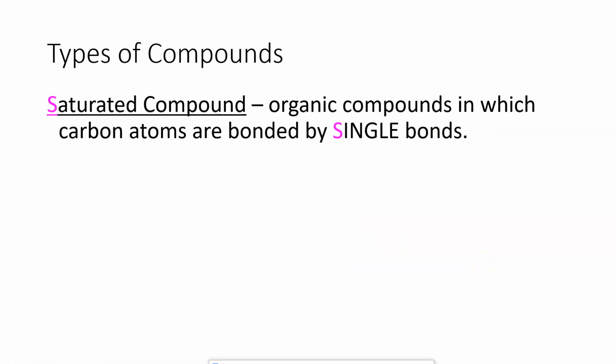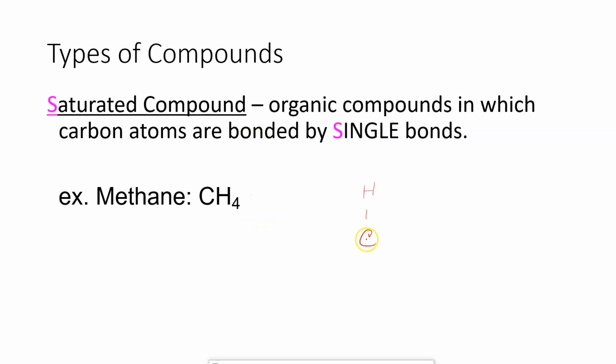Now, according to the type of bonds present in a molecule, there is a classification. The first type included in this classification is the saturated compounds. These saturated compounds are compounds formed by only single bonds, like for example methane.